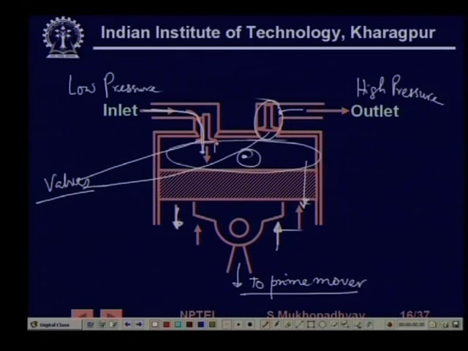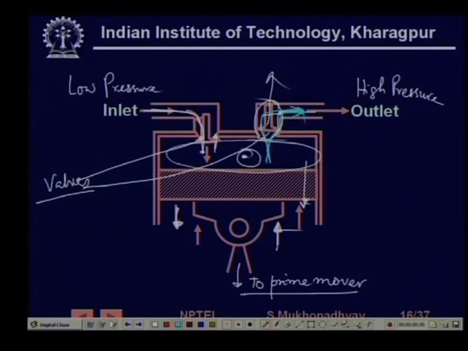So, this valve is now pressed up, so it will be closed, while this valve will go up and open, so the air will flow out during that time through this path, and this is what is happening. Every stroke it is sucking a given volume of air from the low pressure atmospheric side, and it is pushing the air back into the high pressure outlet. So, this is a reciprocating type compressor mechanism.